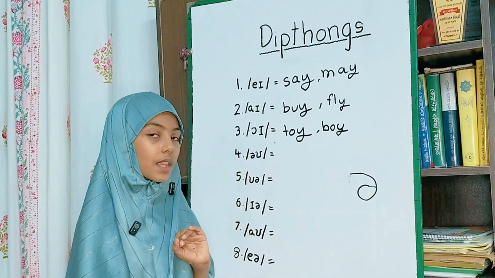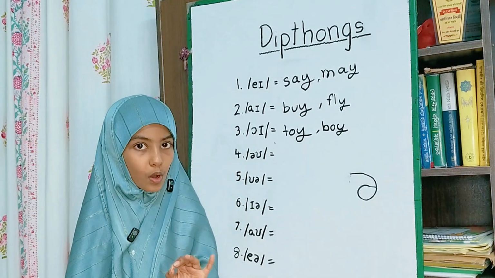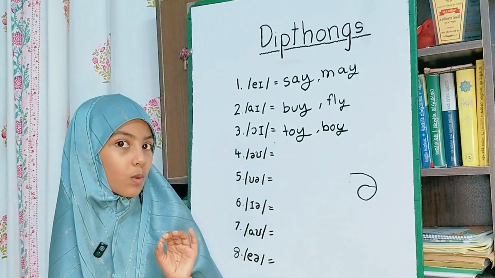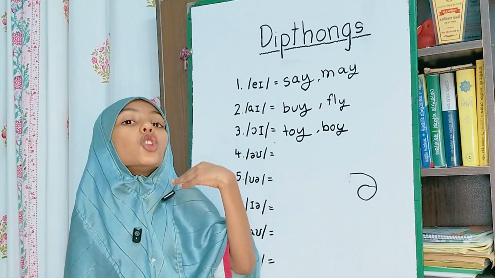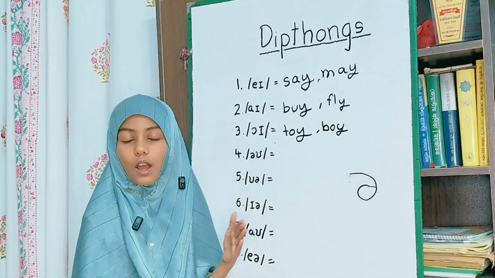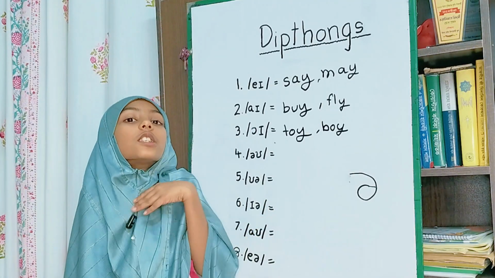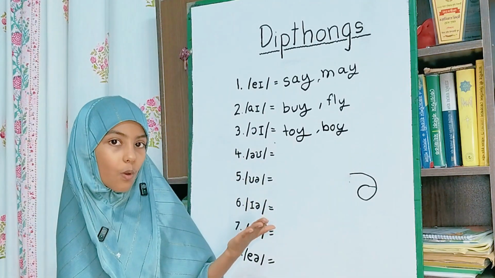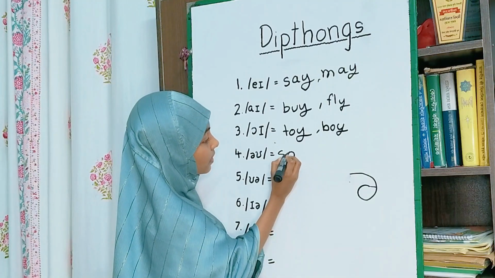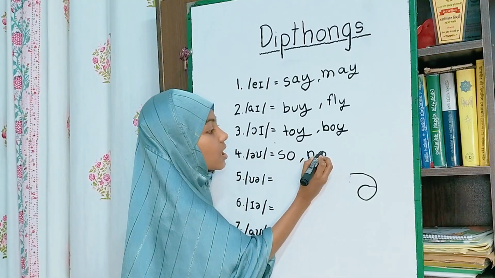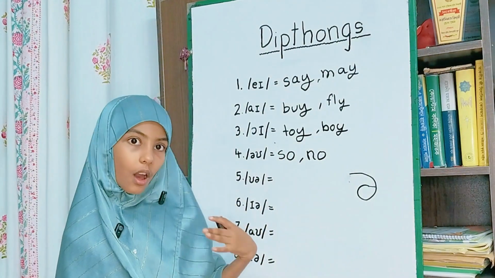Schwa plus U becomes O, such as in no, so.